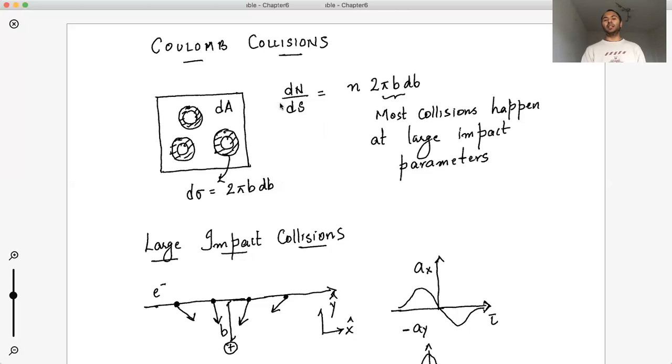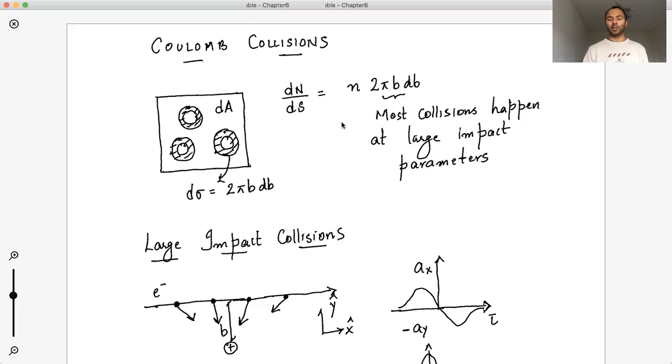Now, that doesn't mean that this assumption of large impact parameter collisions is completely justified. It depends on what you're trying to calculate. This just shows that there are more collisions at large impact parameters. Of course, you need to figure out whether in terms of the energy emitted, it's the larger impact collisions which are more important or the small impact collisions.